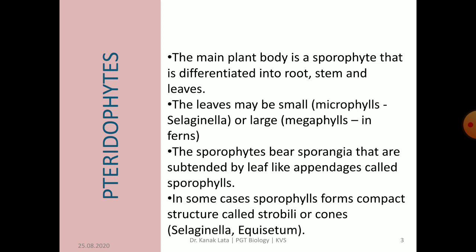Reproduction in pteridophytes takes place by spores produced inside the sporangia, and these sporangia are borne on the ventral surface of fertile leaves called sporophylls. In some cases, these sporophylls form compact structures called strobili or cones, as in Selaginella and Equisetum.